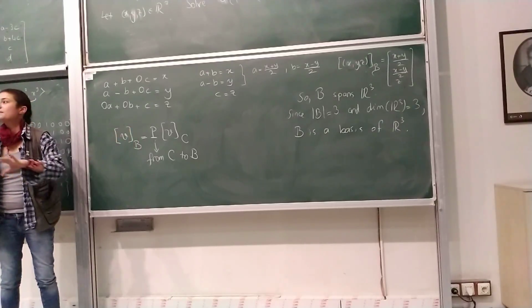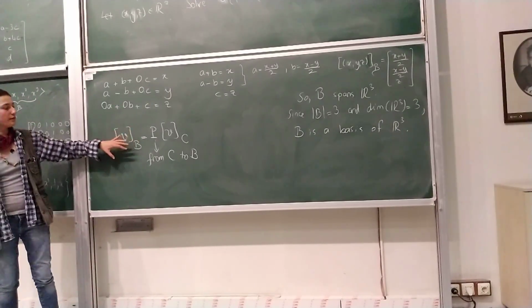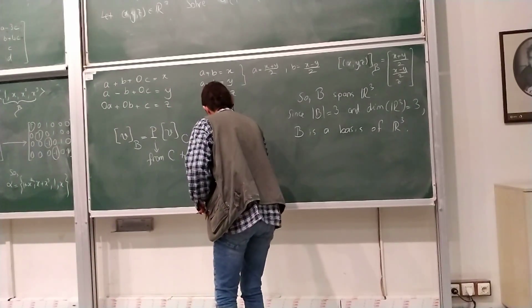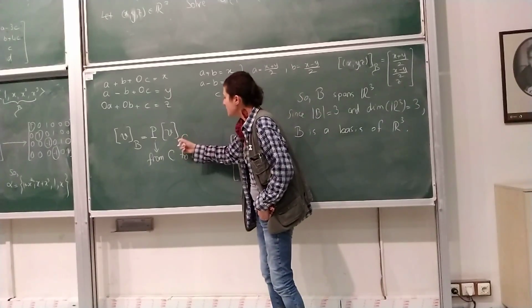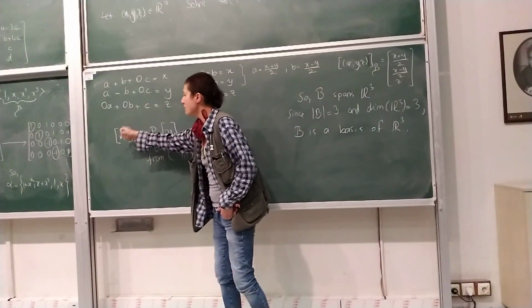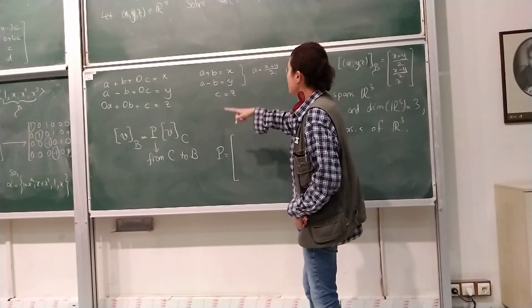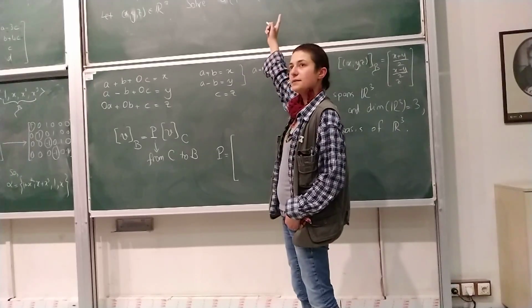So what does this mean? This P consists of the columns of coordinates of things in C converted to coordinates of things in B. The vectors in C are called E1, E2, E3, right?